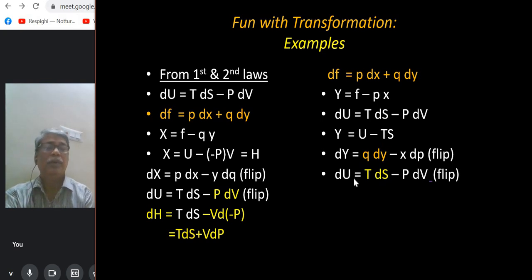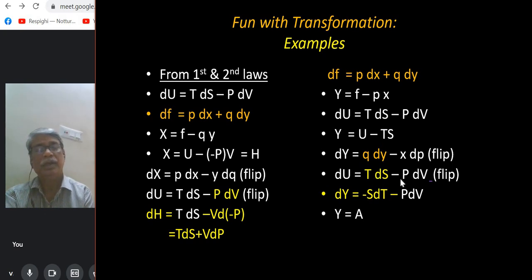You just apply the flip over rule, and this time it would be on the TdS part. So after flipping over you get S dT with a minus sign, and pdV remains as such. So dy is minus S dT, and as you know, this y is nothing but the Helmholtz energy, U minus TS, which we denote by capital A or sometimes capital F.